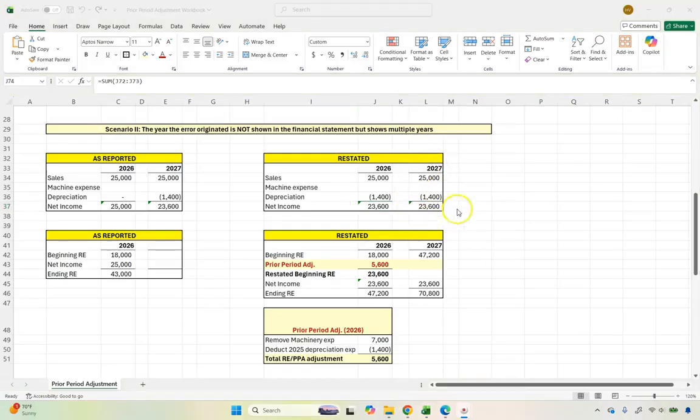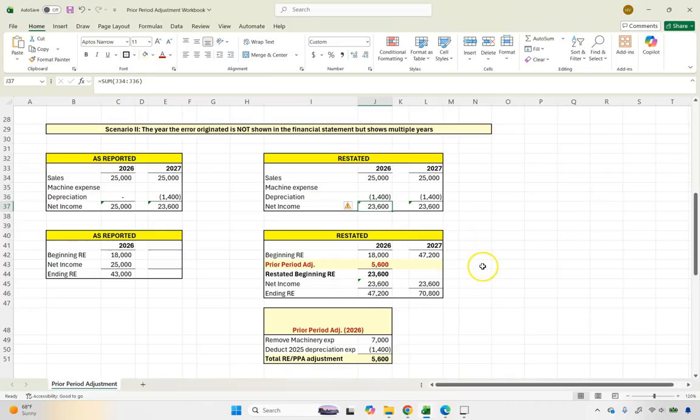I just want to point out that I have this here saying restated, but 2027 is not restated, because we're in the 2027 year. This is how we're originally reporting it. It's just the way I built this Excel file. When I say restated, it means the prior years are restated.